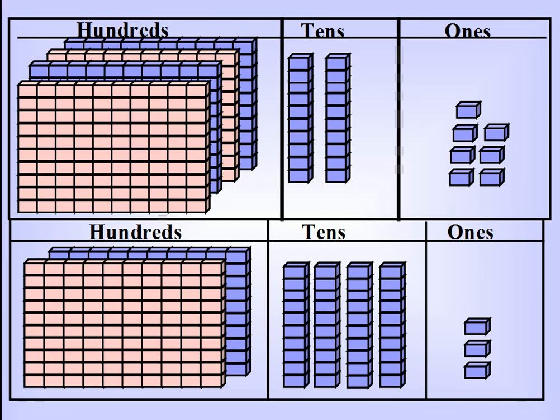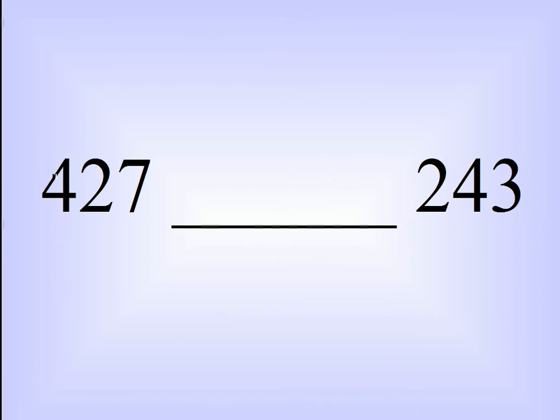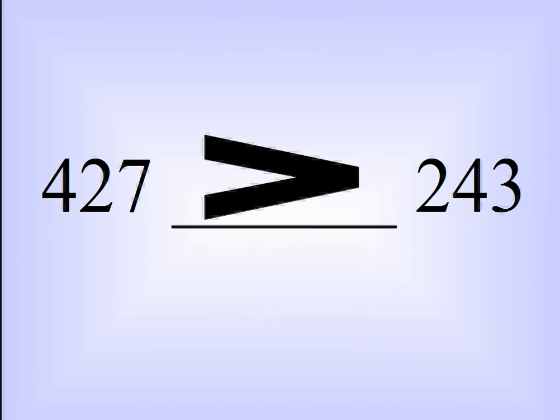Okay, and that very easily tells us that the 427 is going to be bigger. I'm going to go ahead and pull up the other numbers as well. 427 is going to be bigger than 243. So we're going to be open towards the 427. And our sentence is going to be 427 is greater than 243.